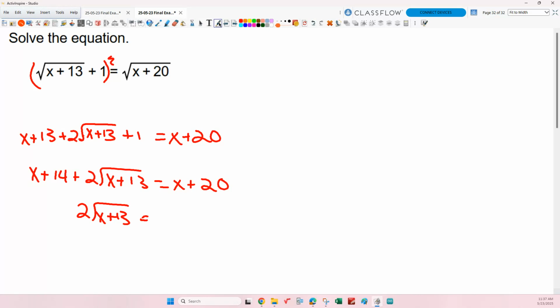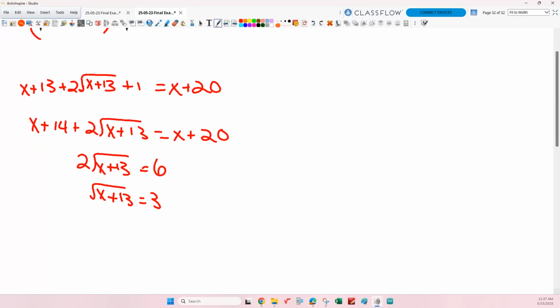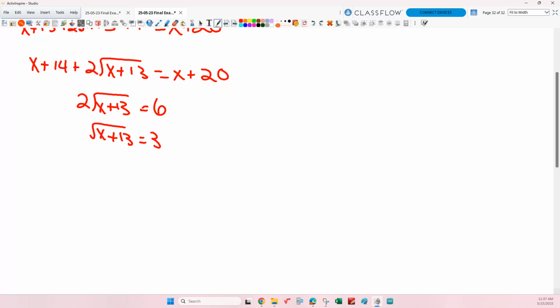And if I move the 14 over, what am I going to get? So then I get square root of x plus 13 equals 3. What do I got to do there? Square both sides. x plus 13 equals 9. Okay, what's my x value?